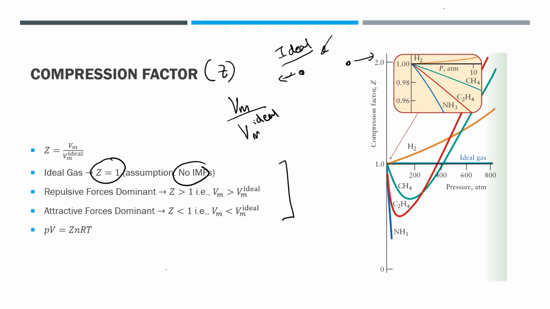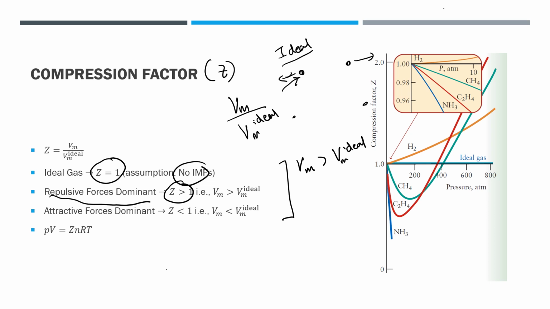There's going to be repulsive forces, so they're going to go farther apart, right? So the actual molar volume is going to be greater than the one we've calculated using the ideal gas law, which is what I've drawn in the first picture, right above. So the V molar is going to be greater than the V molar ideal, and that gives us a Z greater than 1. Repulsive forces are dominant, Z is greater than 1.